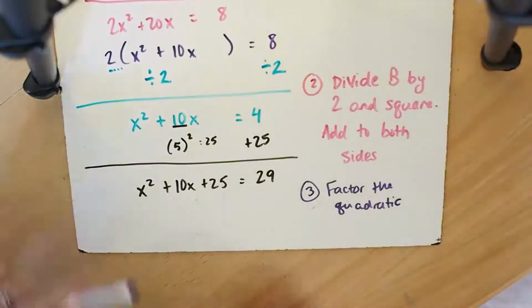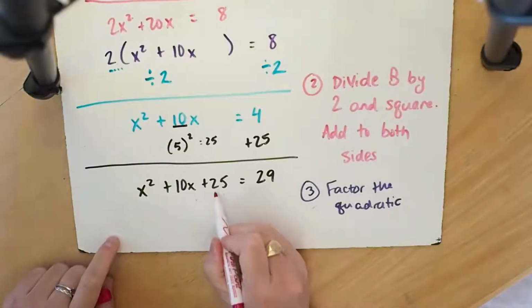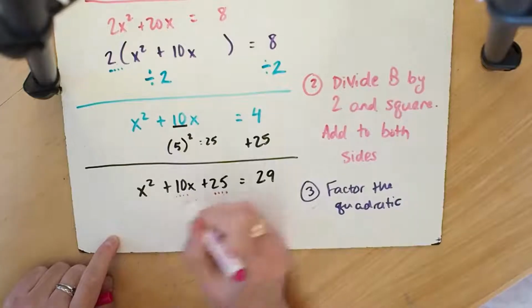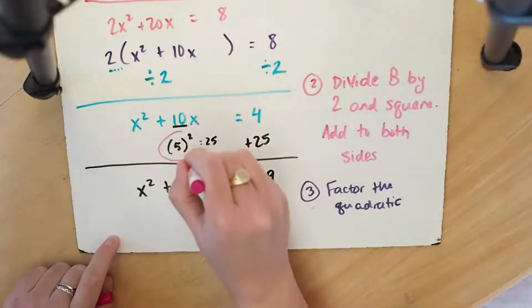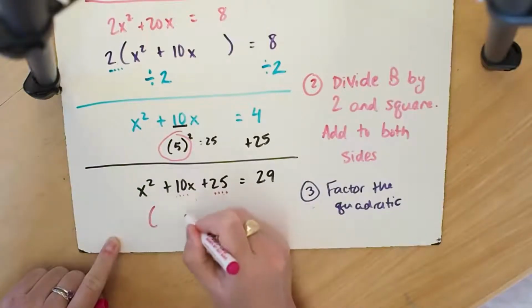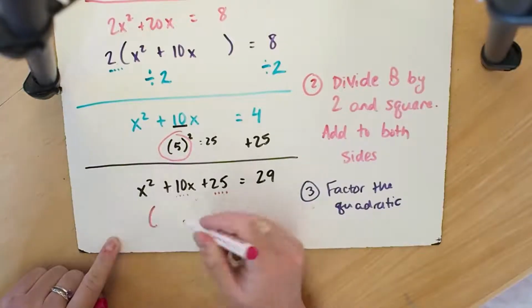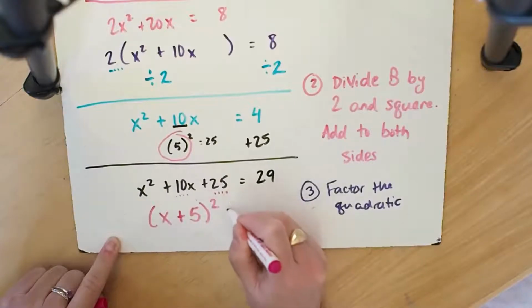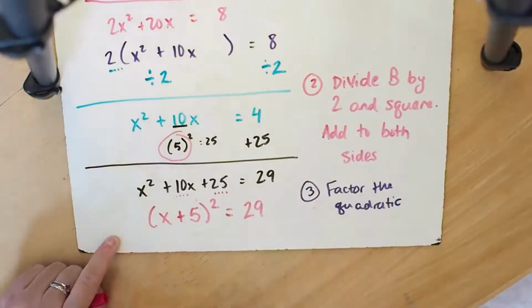Because this is a perfect square, since 5 times 5 equals 25 and 5 plus 5 equals 10, we can rewrite it using the number we got when we divided b in half. Because it was positive 5, we get (x plus 5) squared is equal to 29.